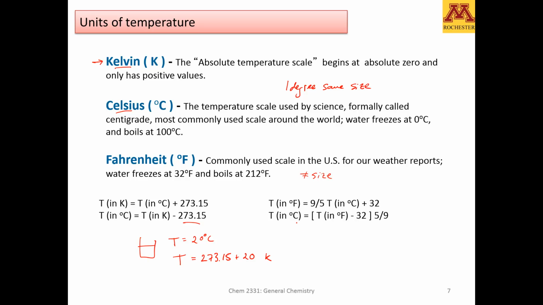To do it in Fahrenheit, you would need to plug in the 20 using the calculator, so it would be 9 over 5 times 20 plus 32, and because it has a multiplication, it just means what I was talking about, that the size of the degree is different. However, notice that between Kelvin and Celsius, you just add a number. Between Fahrenheit and Celsius, you need to multiply it.